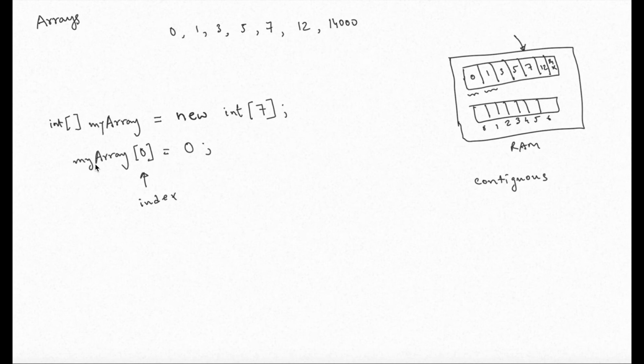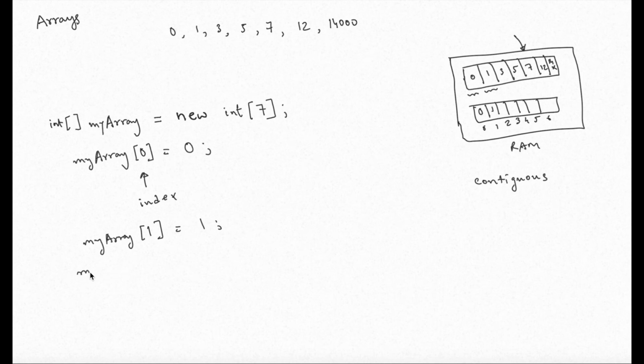When we say myArray, and in square brackets we say 0, this memory location is accessed. So right now we're saying that in myArray, in the very first memory location, which is 0, put the value 0. The value would be assigned here. Then we can say myArray 1 equals 1. At that point, the second location would have the value 1.